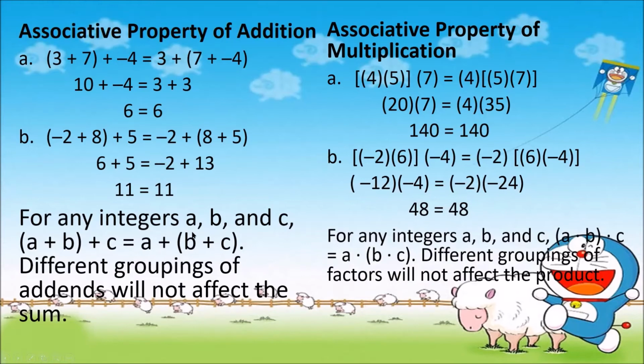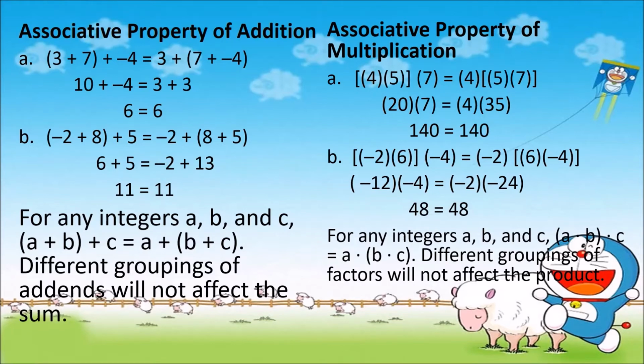Therefore, for any integers a, b, and c, the quantity a times b times c is equal to a times the quantity b times c. Different groupings of factors will not affect the product, and that is associative property of multiplication.